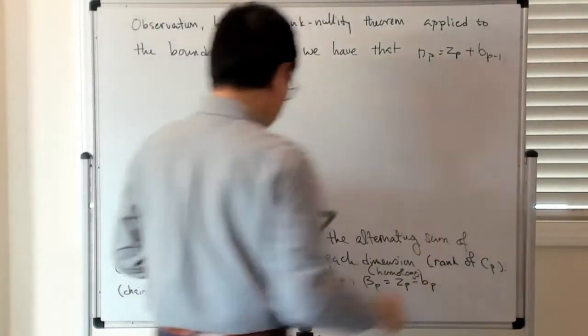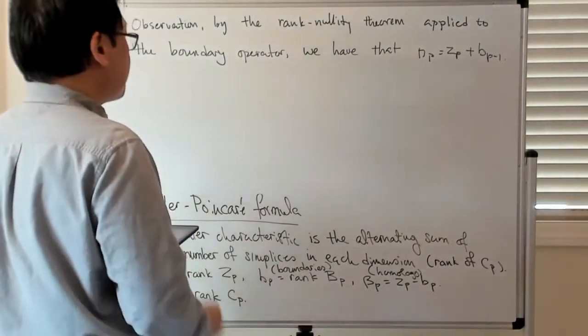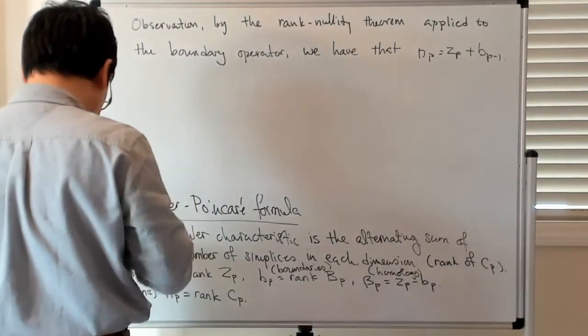And then b is the image of the boundary map, which is related to the rank, right? Okay, so you have this kind of relationship.